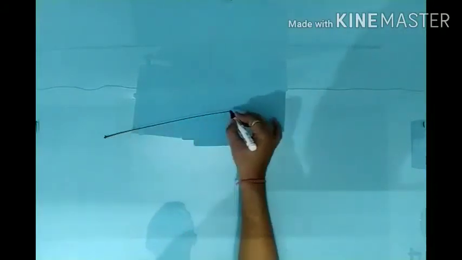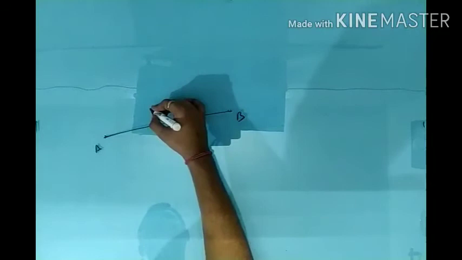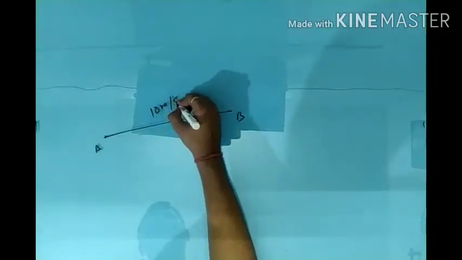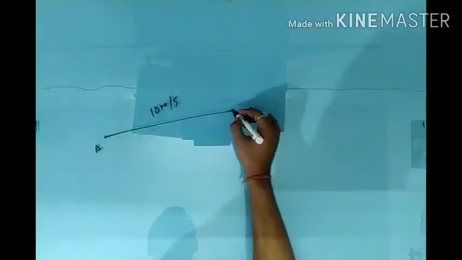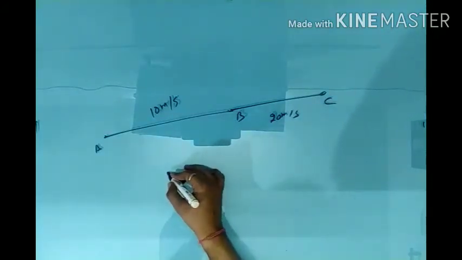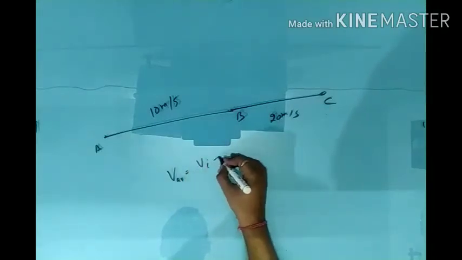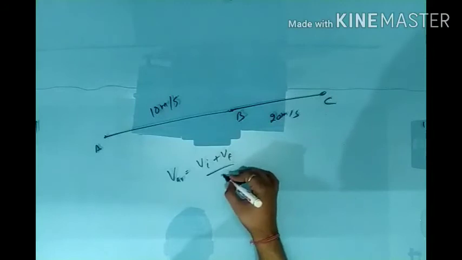Suppose a person is moving from point A to B with velocity 10 meter per second. Now again from B to C he is moving with 20 meter per second. Then if we have to find the average velocity, V average is equal to V initial plus V final divided by 2.